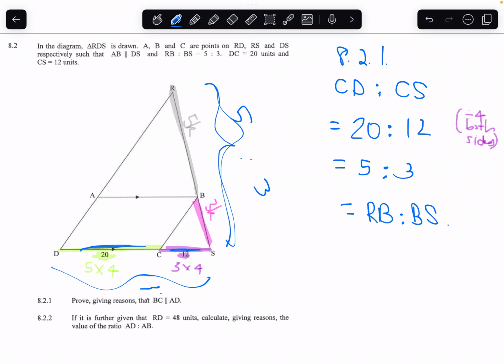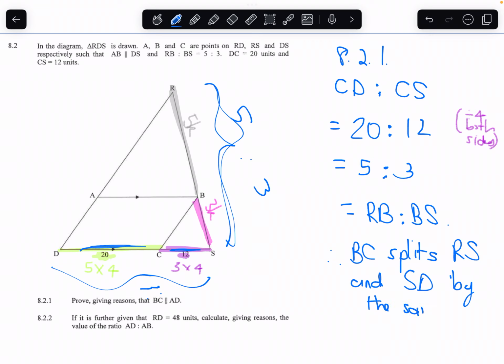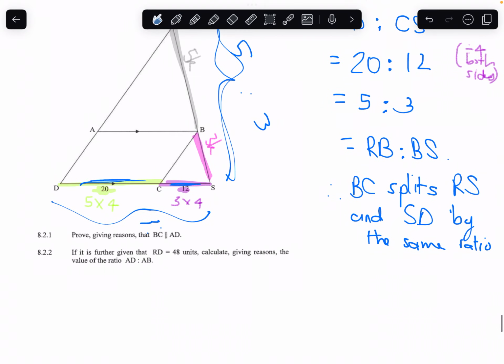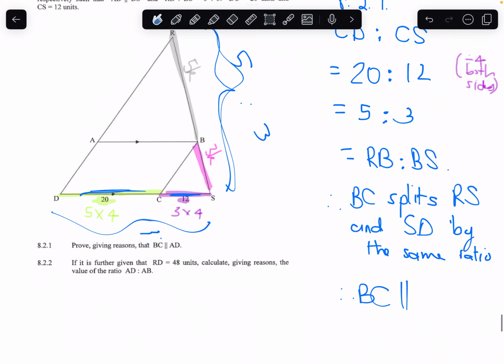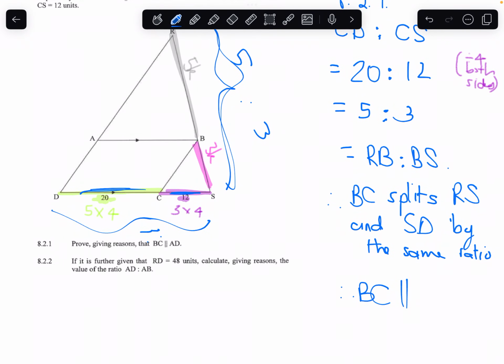Therefore the line BC splits RS and SD by the same ratio, 5 to 3, which tells us that therefore BC must be parallel to RD.